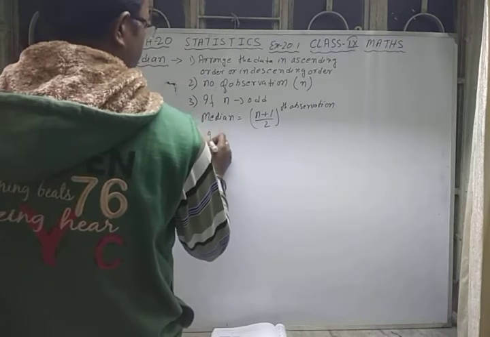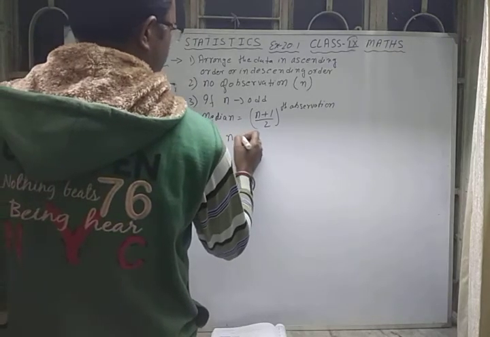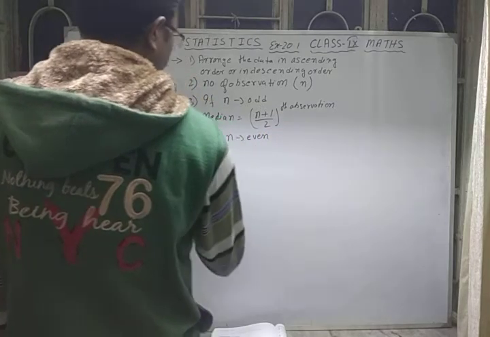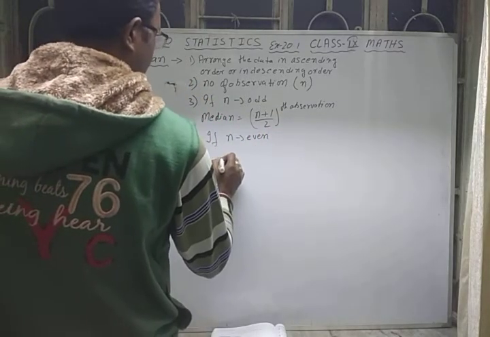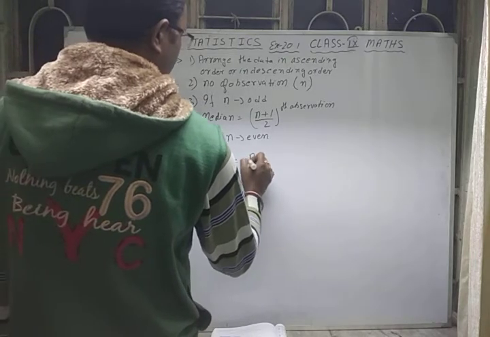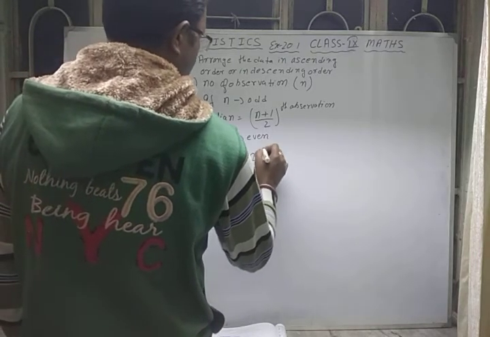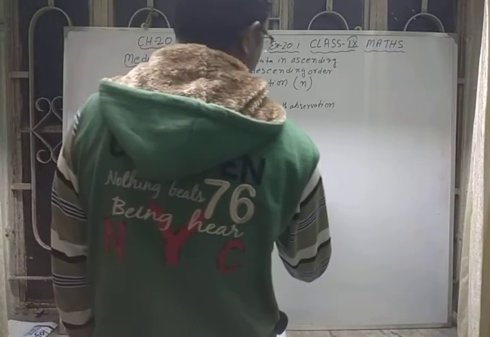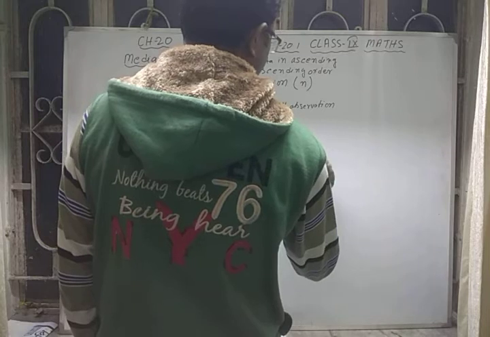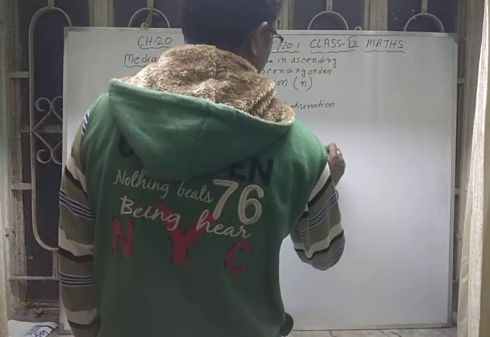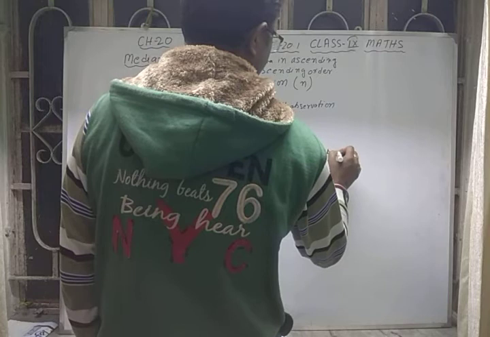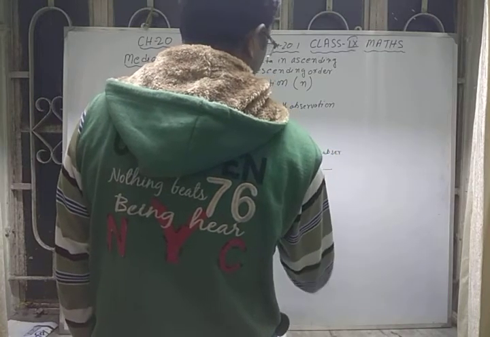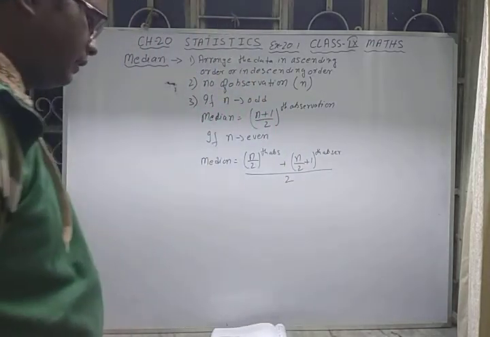And second, if n is even, then the median is equal to the n by 2-th observation plus the (n by 2 plus 1)-th observation, whole divided by 2.